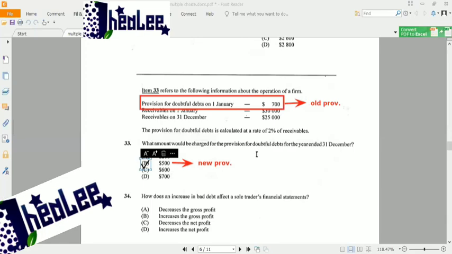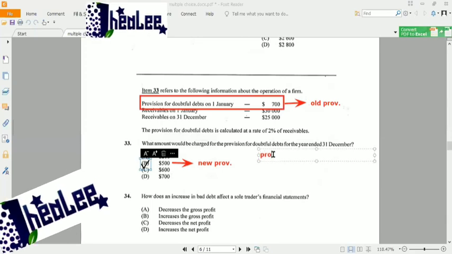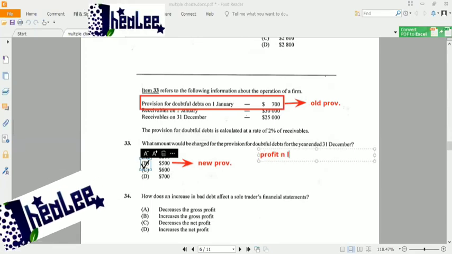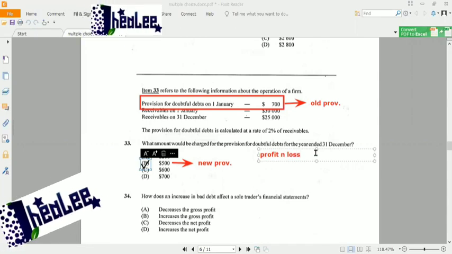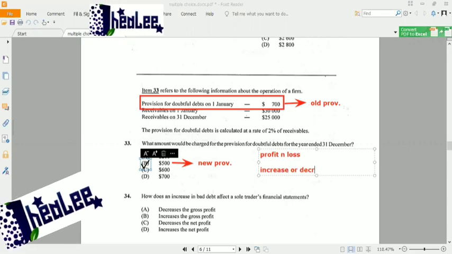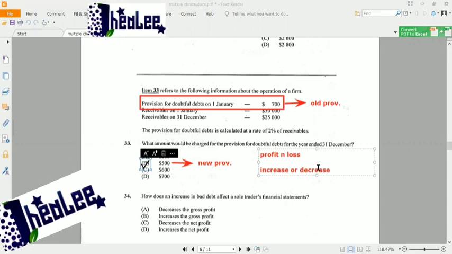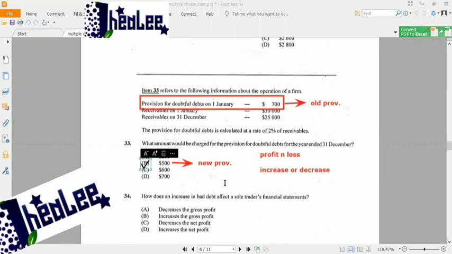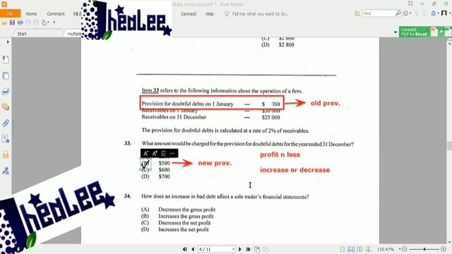When you're doing your profit and loss account, what you enter is the increase or the decrease. All right, and that's the chat flashing. I'm coming up with the response. The increase or the decrease.